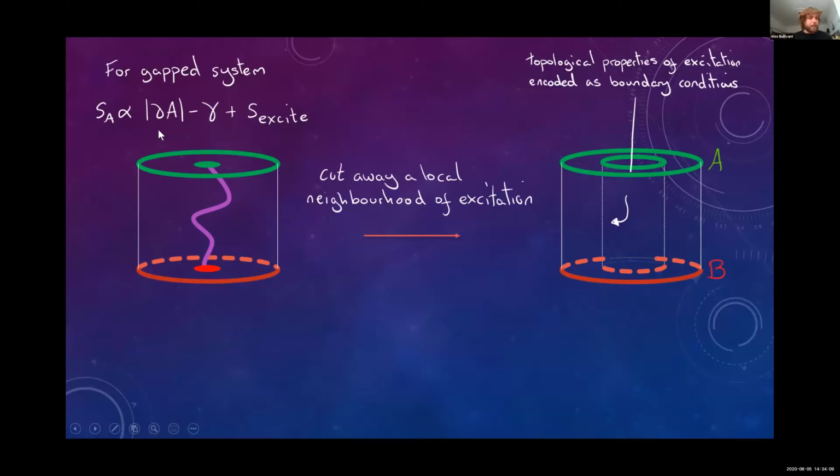And so what I can do is take a local neighborhood of the string where the Hamiltonian constraints are violated, and introduce a new boundary, and this boundary in some sense is defining the correlations between the interior of this excited region and the exterior. And so I can map problems about understanding these excitations into boundary theories.